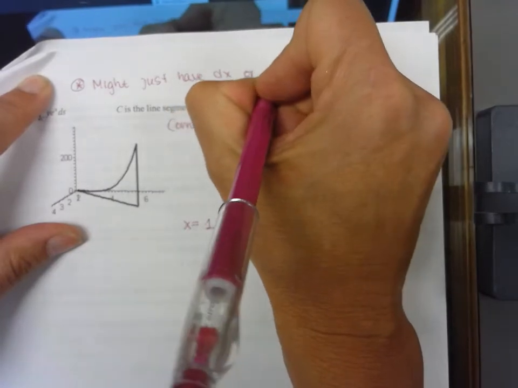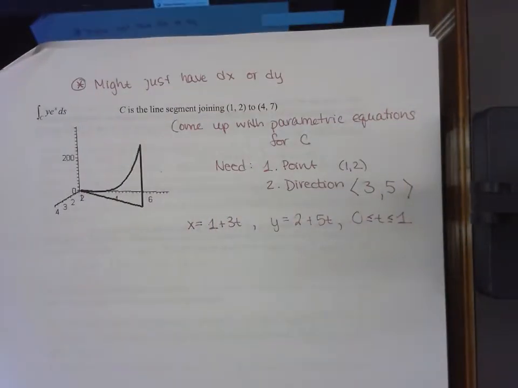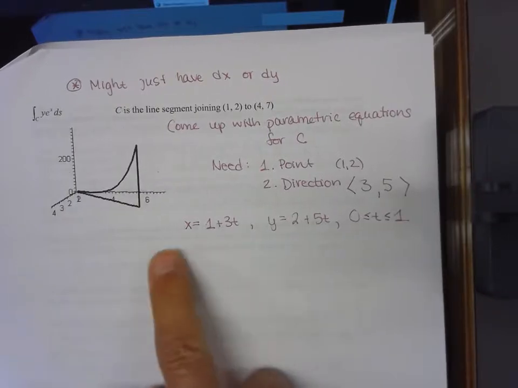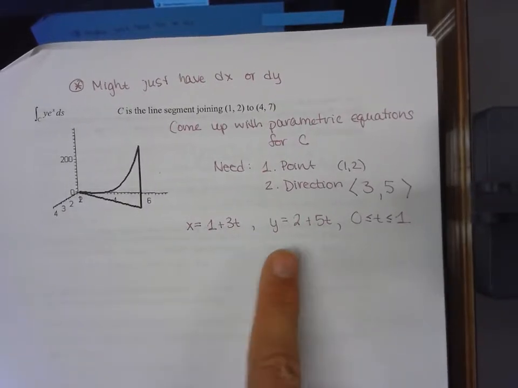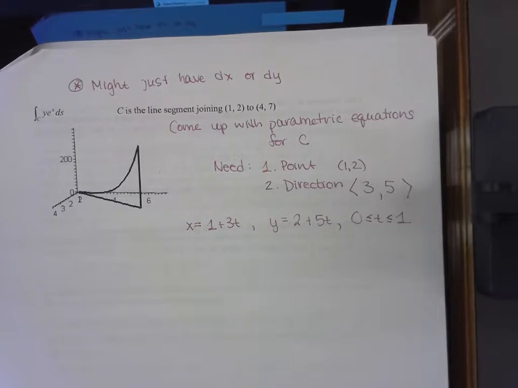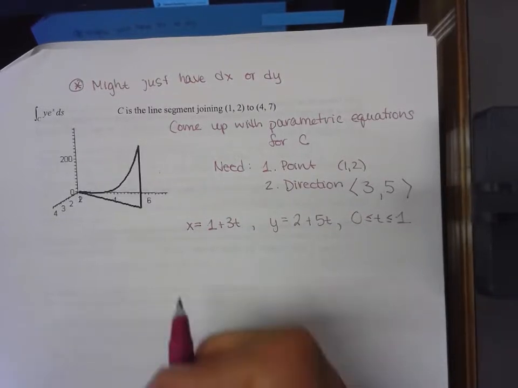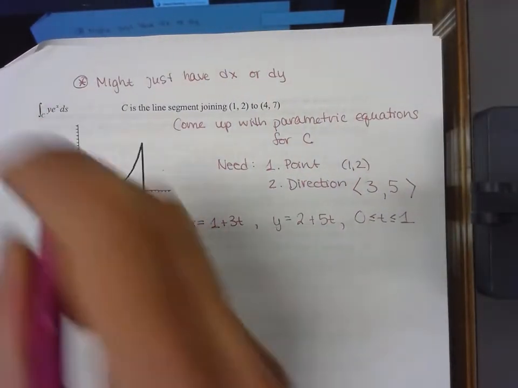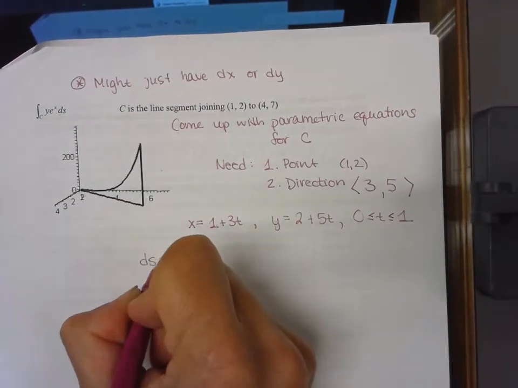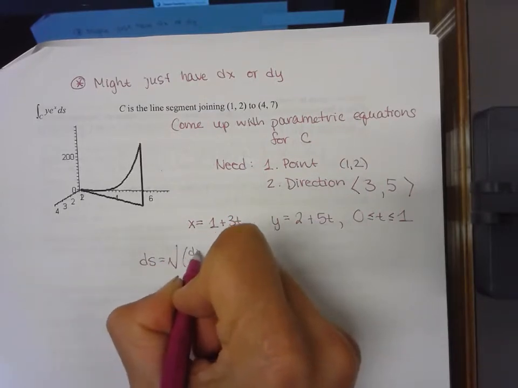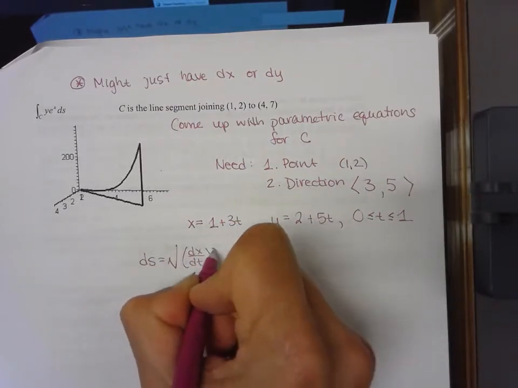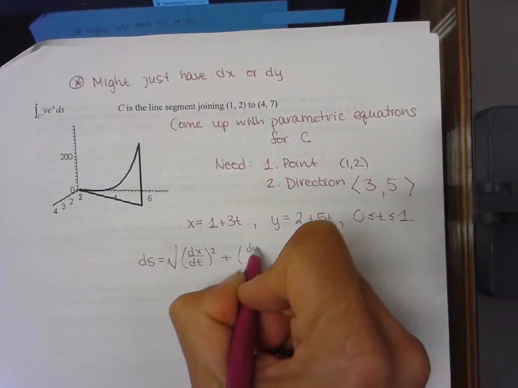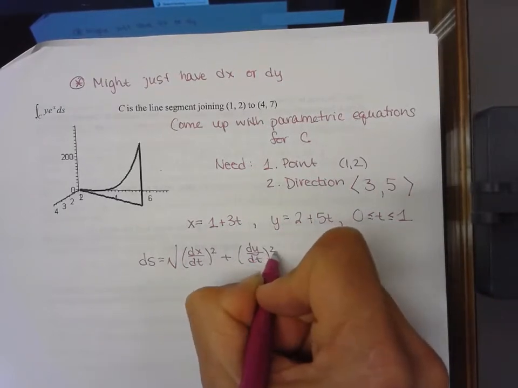If they just have dx or dy, then you don't need to find ds. You just would need to find dx or dy. But we do have ds. And so remember, ds is the square root of (dx/dt) squared plus (dy/dt) squared dt.